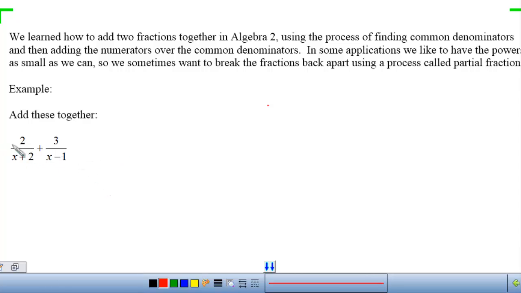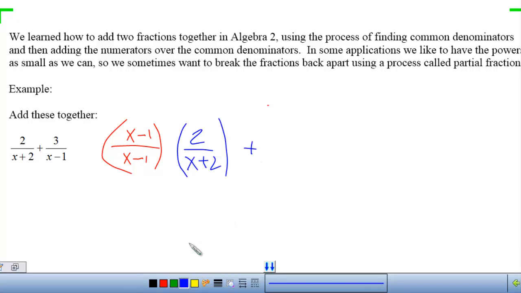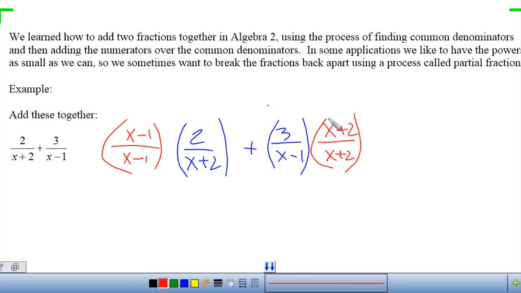So in this one, we're going to multiply this entire fraction by x plus 2, then on this side we'll have 3 over, and in this case we'll multiply this one by x plus 2. It's the exact same thing, just slightly more complex than what you saw in our simple fractions.